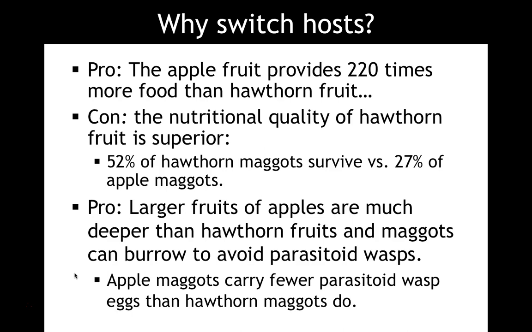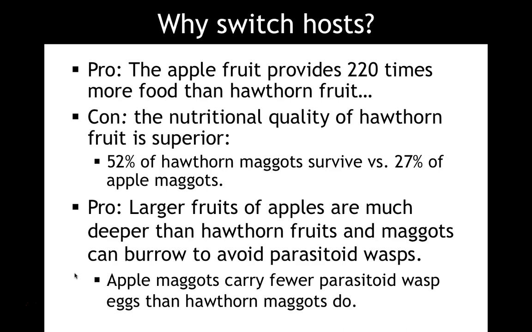But if we're going to think about host switching, we need to think about what would be the pros and cons associated with host switching. Well, one pro would be obviously that while you're moving from a hawthorn to an apple, there's an awful lot more to consume. Apples are much bigger, but apples are actually relatively less nutritious from the perspective of these maggots than hawthorns. So there's much lower survival of the maggots on apples than on hawthorns.